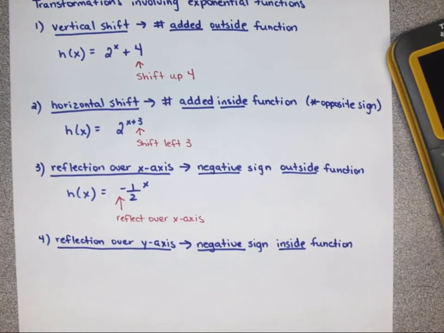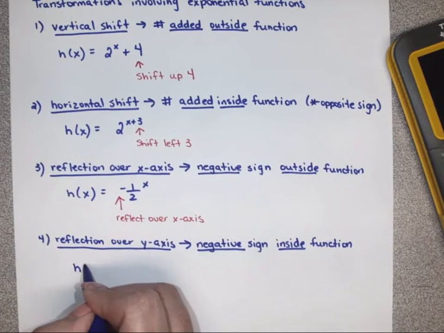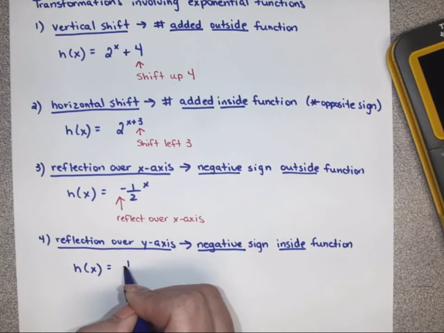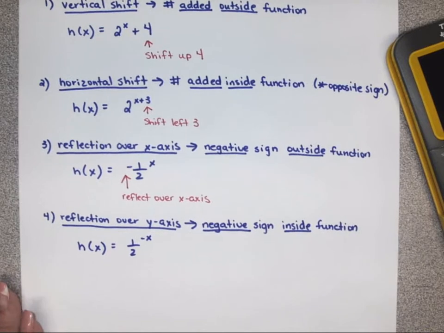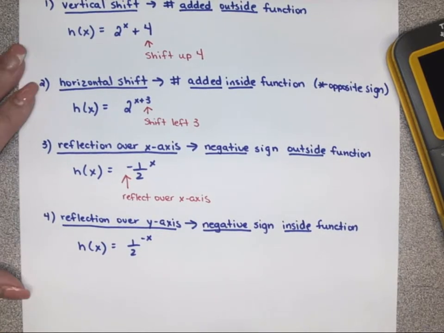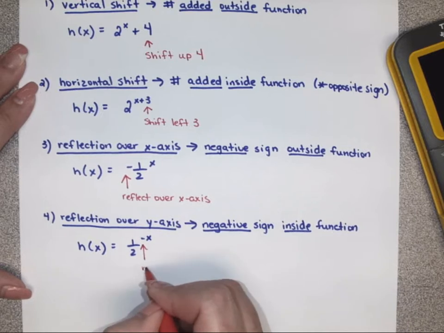So that might look like something like this. Instead of the negative going to the front, notice where it is this time, right? It's actually a part of the exponent itself. It's within the function. So because it's within the function, this is a reflection over the y-axis.